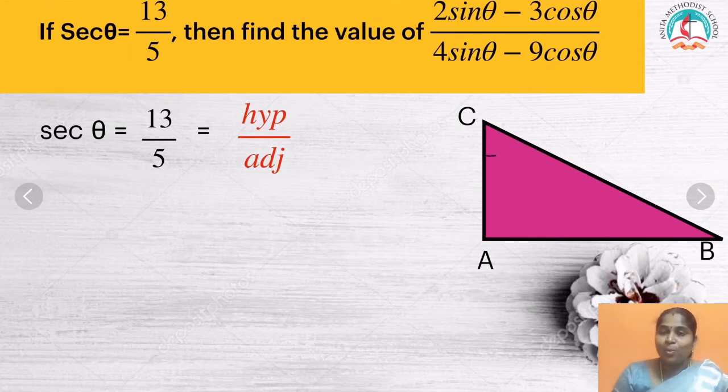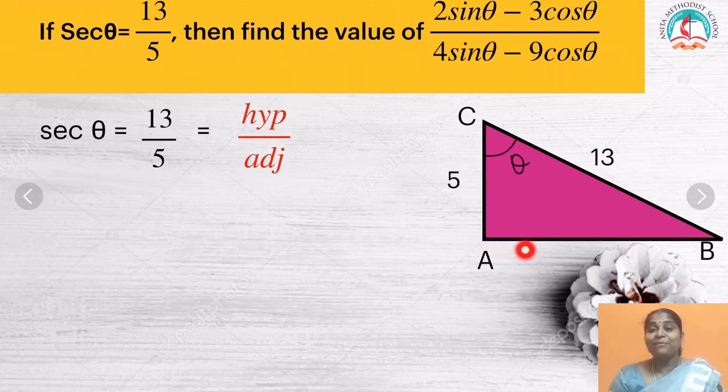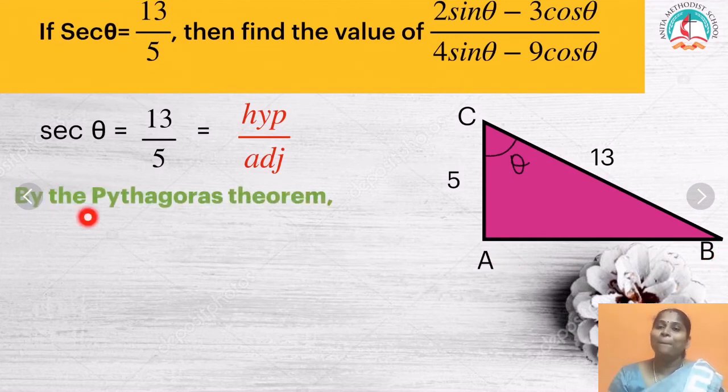Look at this triangle. We have to mark one of the angles as theta. Let us consider the side opposite to the angle theta, AB, as the opposite side, the hypotenuse is 13 and the adjacent side is 5. We need to find the opposite. How to find the opposite side? Using Pythagoras theorem.